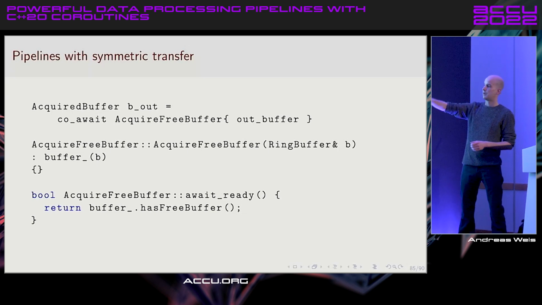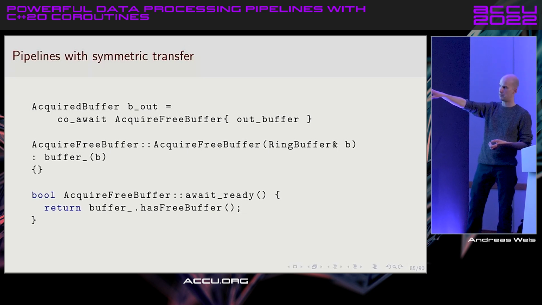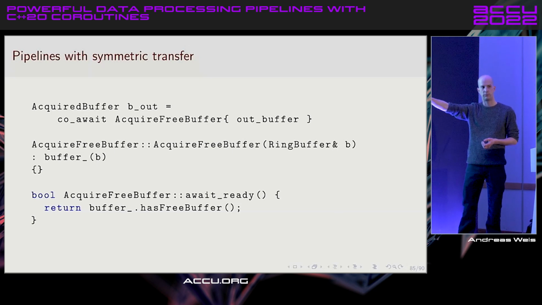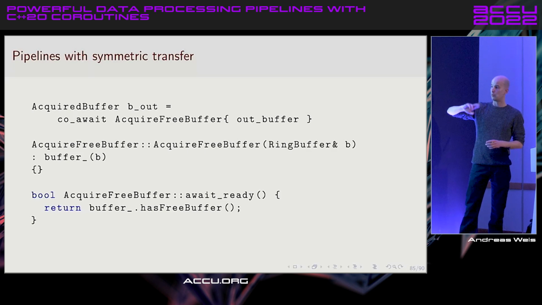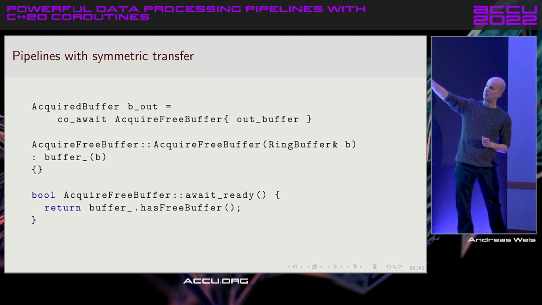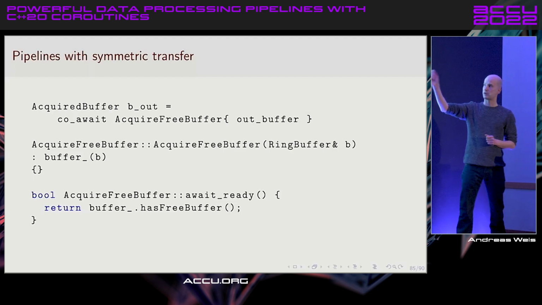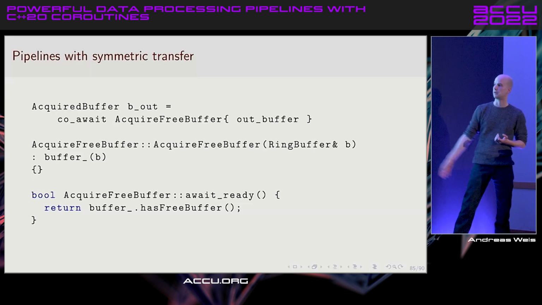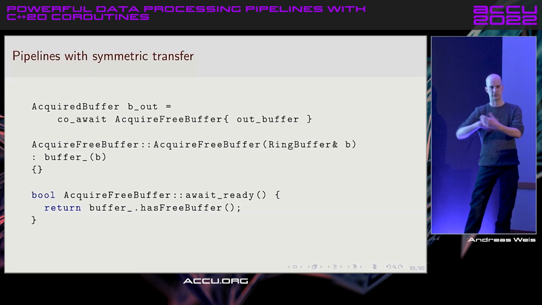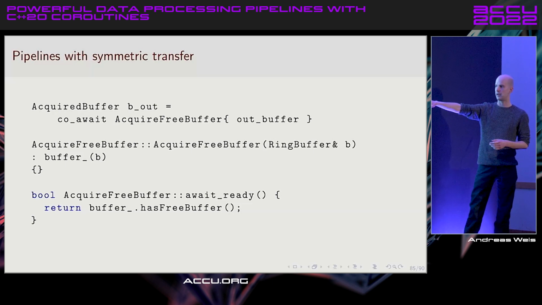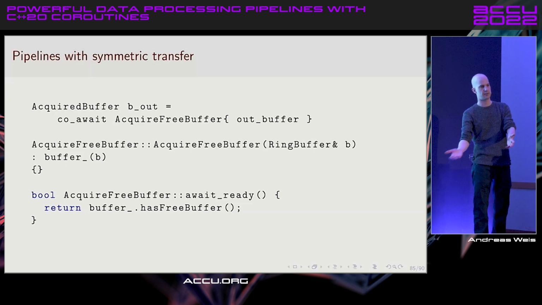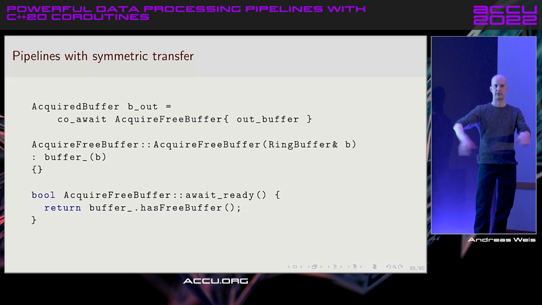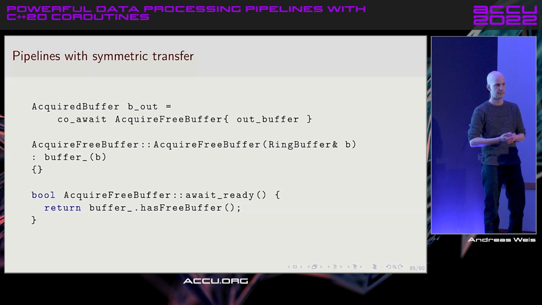And now something interesting happens, because there was this await_ready call from before, which determines whether we should go to sleep or not. Before we were just returning false, which means, yeah, send me to sleep, I don't care. What I can do now is, my coroutine wants to acquire a free buffer. If the ring buffer still has free buffers to give out, there's no reason for me to go to sleep, right? I can just continue running. So in the await_ready, I just check if I still have free buffers, I don't go to sleep. I just grab the next free buffer and continue running.